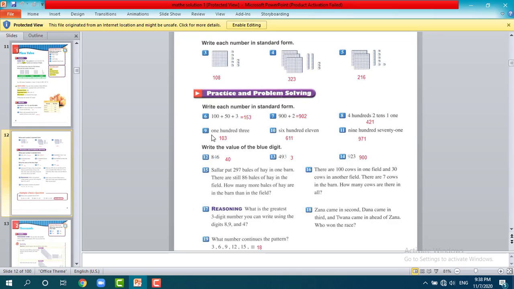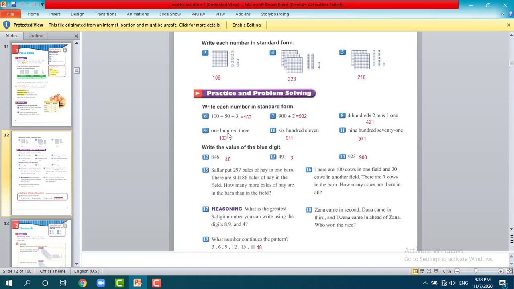Now in equation 9, it says 103. It's written in word form. Students, in word form, we write like we read. We read it and write like we read.